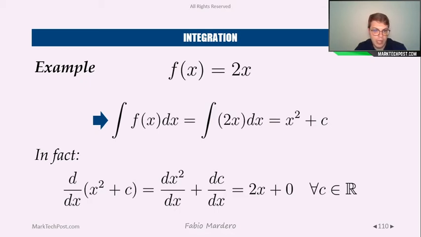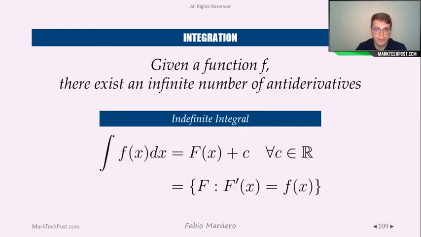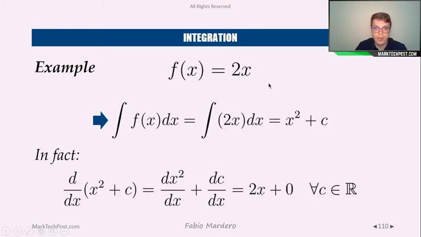How can we check that this result is correct? Well, through the definition of indefinite integral, and in particular of antiderivatives, we just have to take the derivative and check if it is equal to the original function. So the derivative of this one should be equal to this, and that's true.